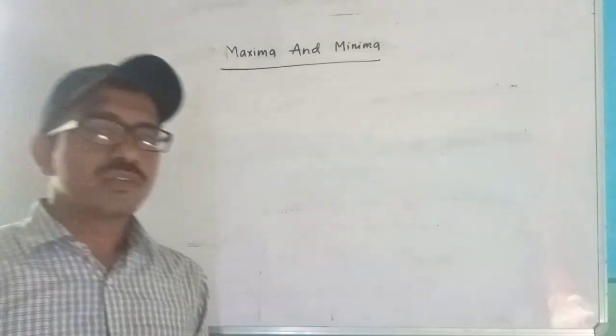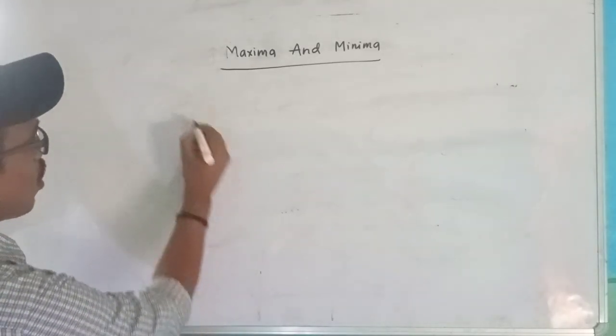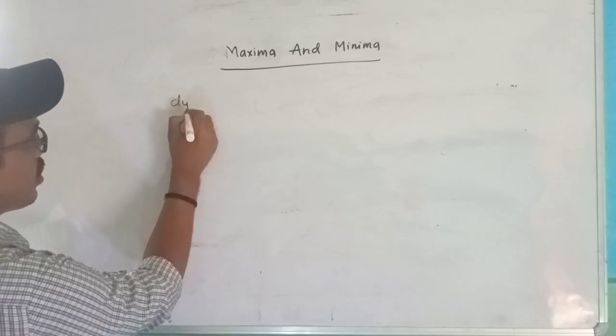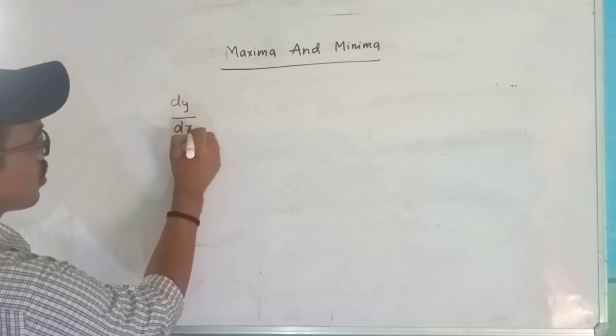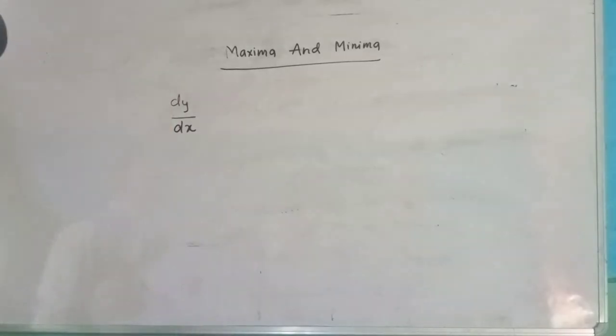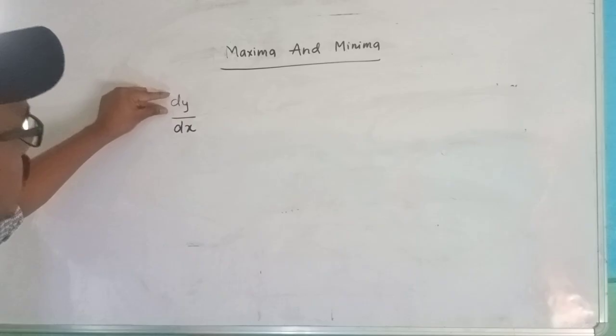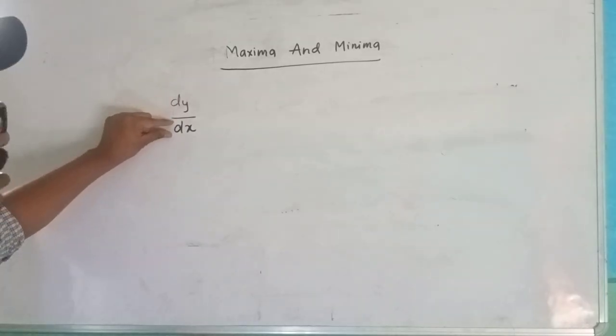Before I start today's topic, I just want to revise something. The ratio dy over dx simply means the rate by which the quantity y changes when there is a change in the quantity x.